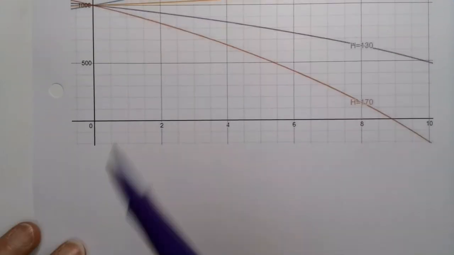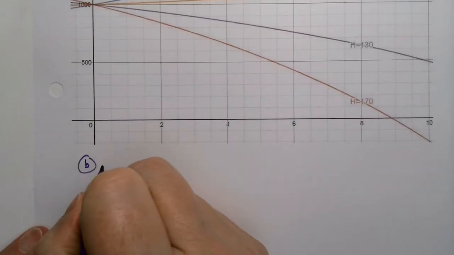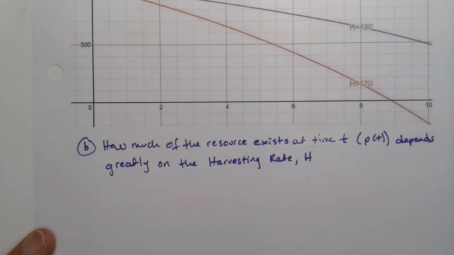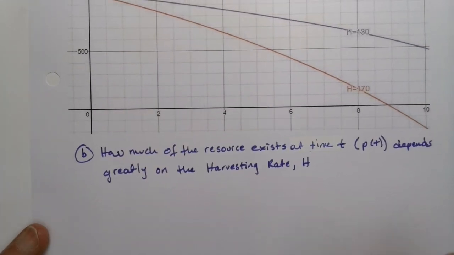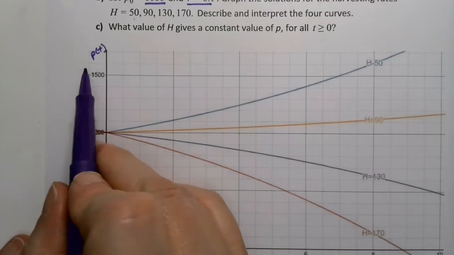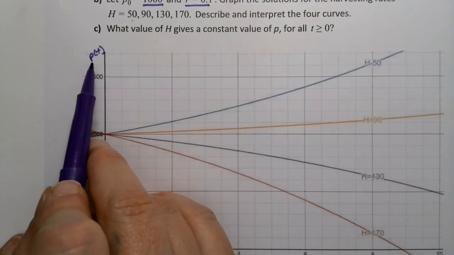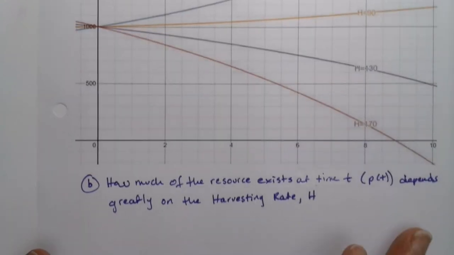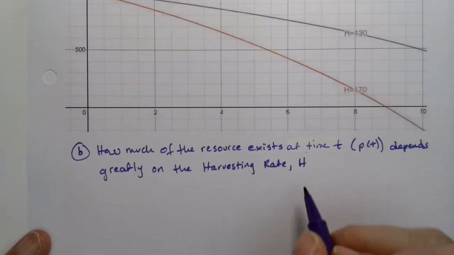So let me write that up for part B. Actually, I'll write it and I'll be right back. So you can see how much of the resource exists at time t, because this is the P of t. This is the amount that's in the wild, if you will. So how much there is of it depends greatly on the harvesting rate h.